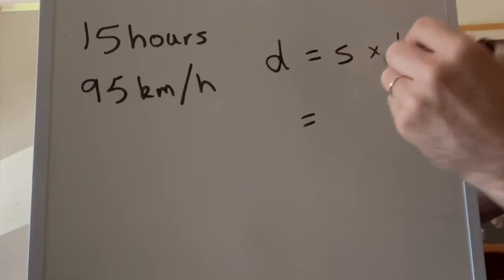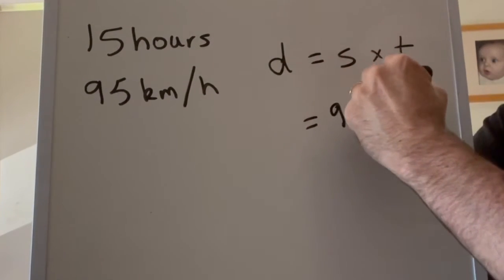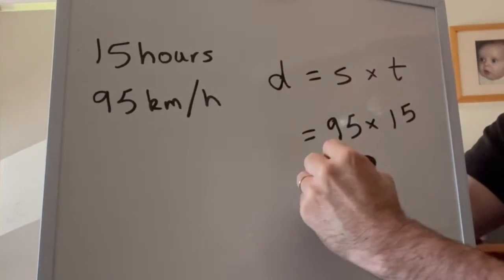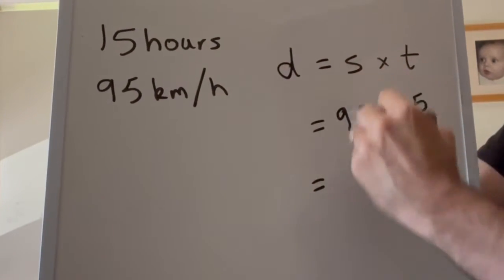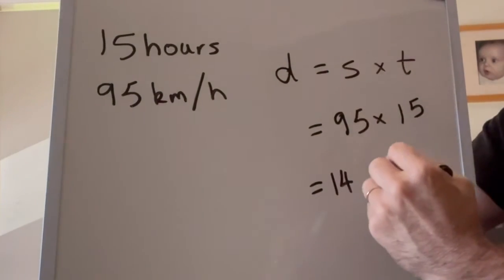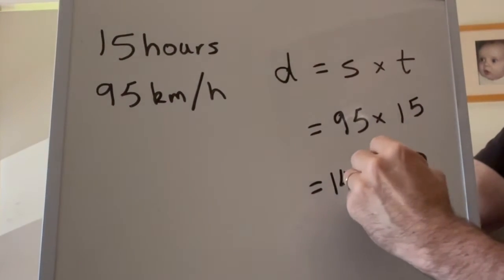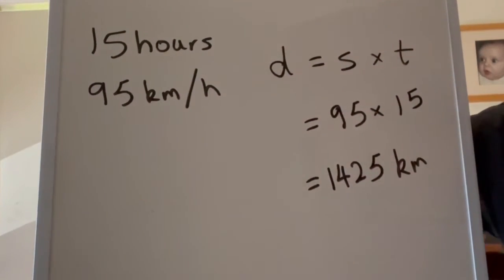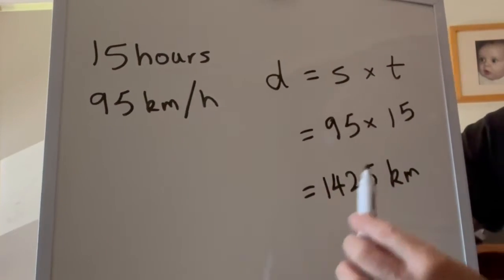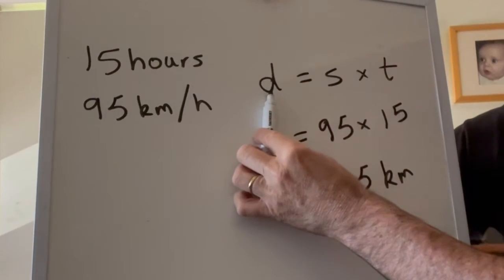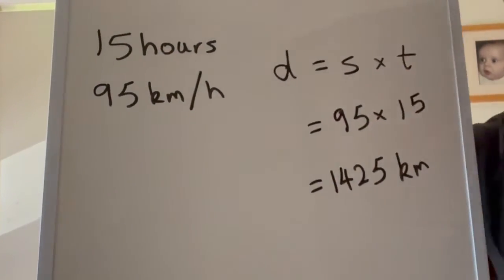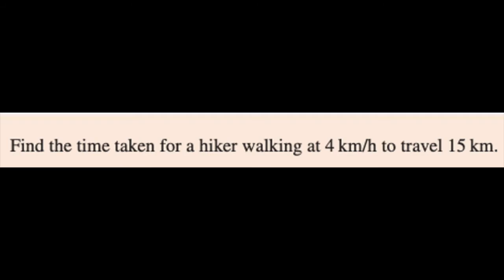The speed is 95 multiplied by the time, which is 15, and that tells us this truck driver has travelled 1,425 kilometres in that amount of time. Again, identify what you're trying to solve, write the appropriate formula, and then do the substitution in order to solve it.